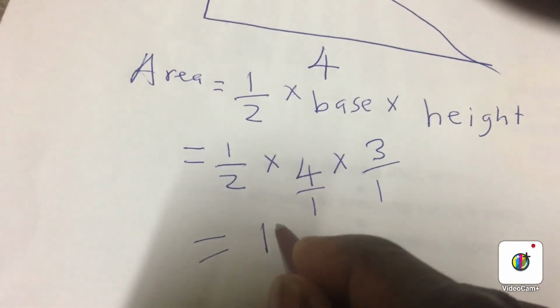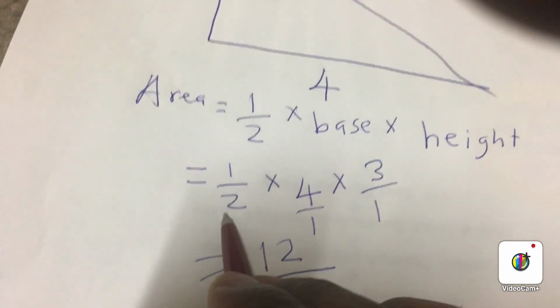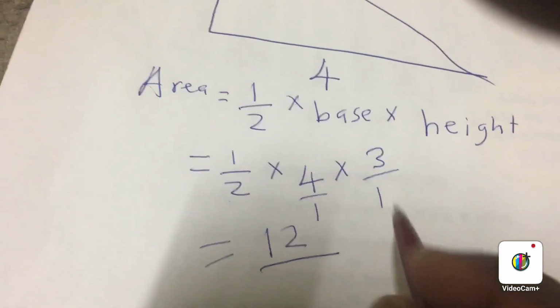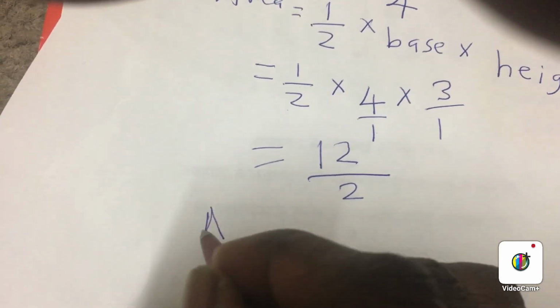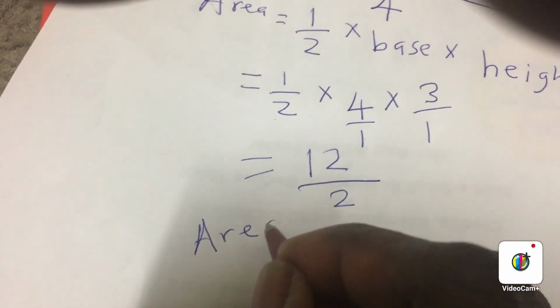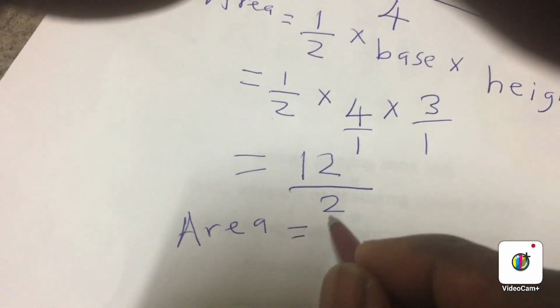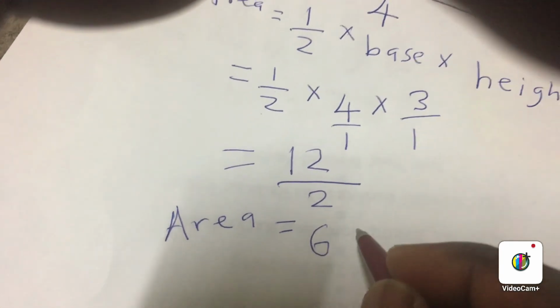So you write 12 right here. At the bottom, you have 2 times 1 is 2. You have 2 here. So the area of this triangle becomes 12 divided by 2, which is 6.